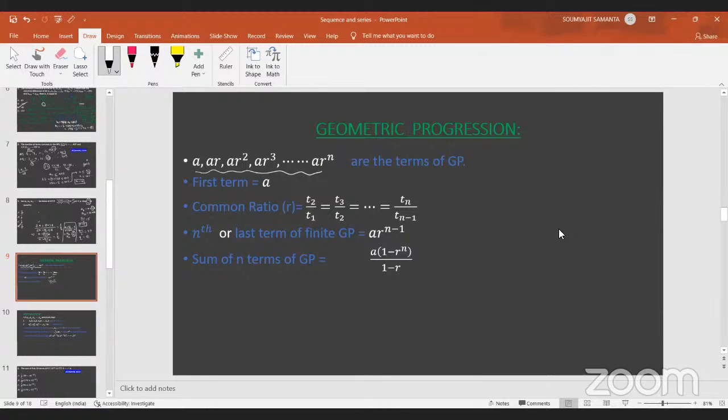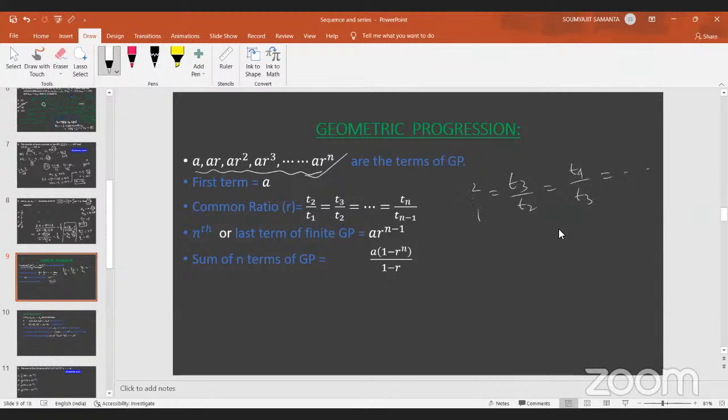Here the common ratio is nothing but the quotient of the second term by the first term, then the third term divided by the second term. If this common ratio is the same, that is T2 by T1, second term divided by first term, as third term divided by second term, as fourth term divided by third term, if they are all equal, then only we can say this is a GP.